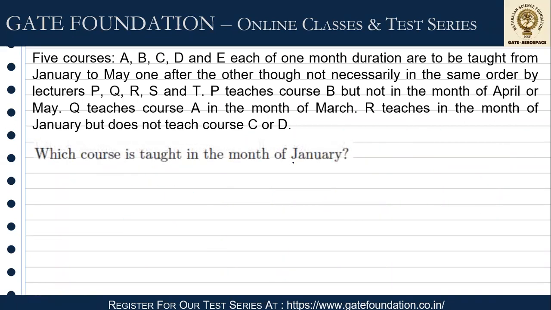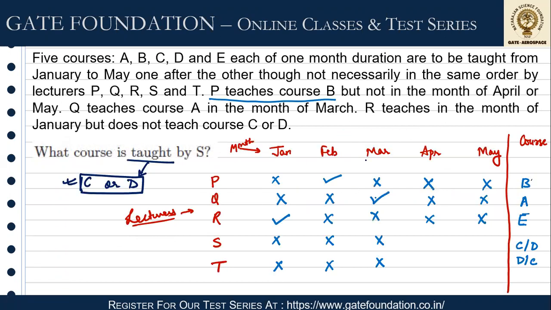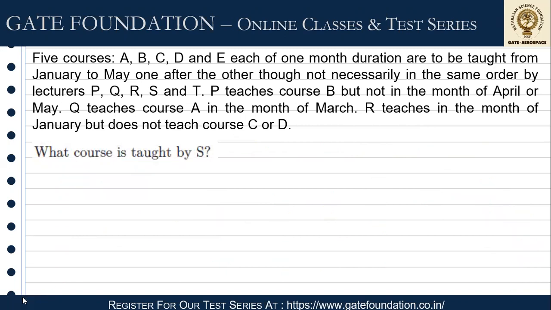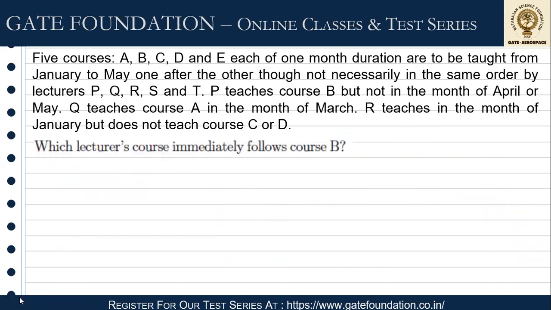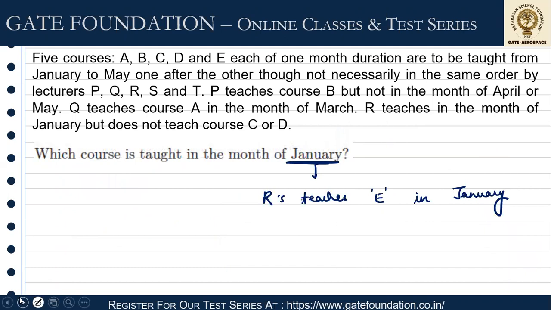You see which course is taught in January. So R is going to teach E in January. A single table can help you in finding out all the answers. Right? So if you form a table like this, it becomes quite easier to find out all the answers which have been asked. Forming the table is going to take a little bit of time.